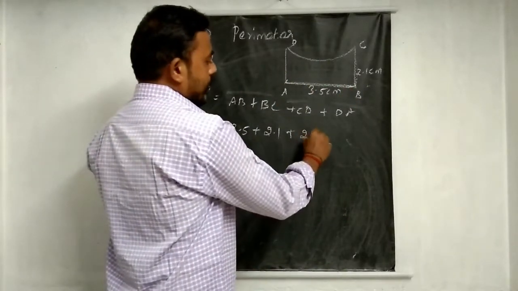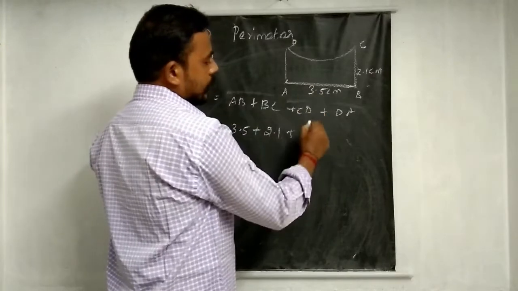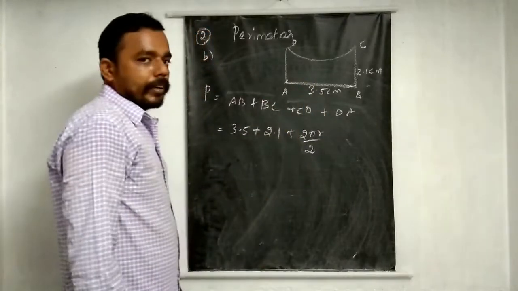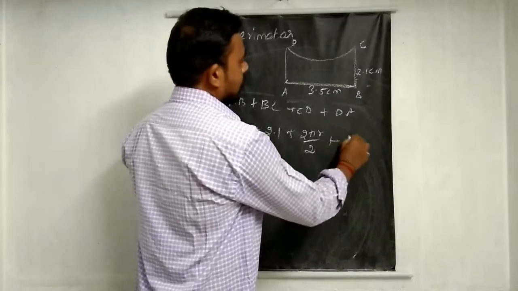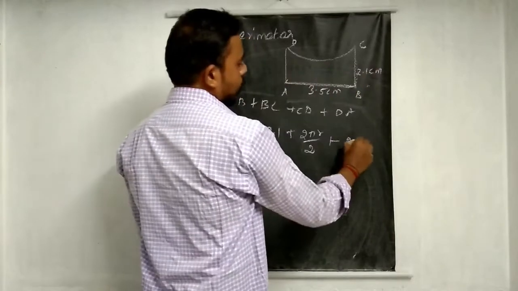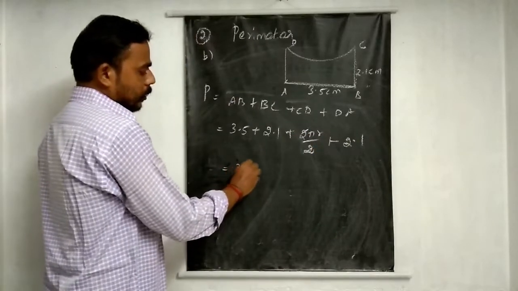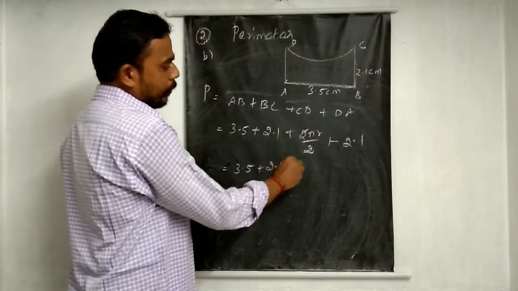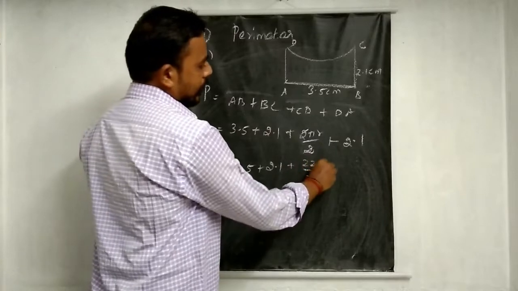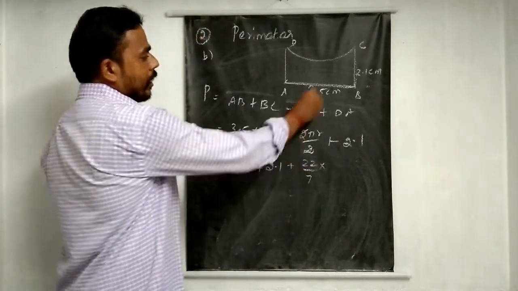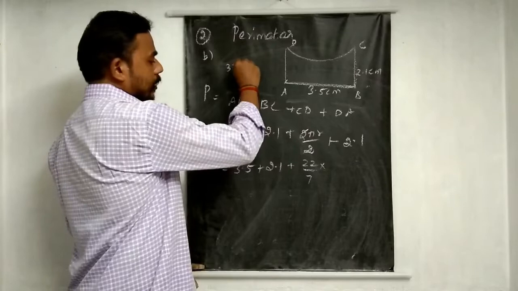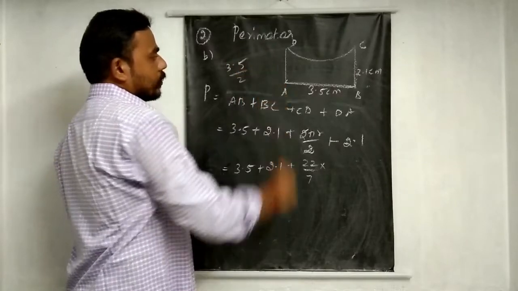So 2 pi r divided by 2. Here r value is 3.5 divided by 2. Plus this is also the same, 2.1. 2 we can cancel. So 3.5 plus 2.1 plus 22 divided by 7 into r value 3.5 divided by 2, we can also write.